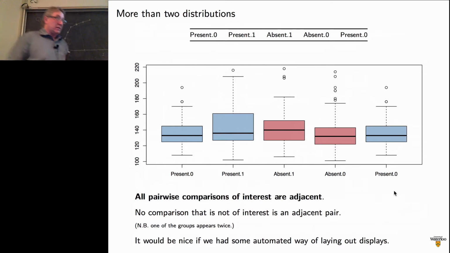You end up with one more box plot because we had to repeat this guy on the end. So we've got the immediate comparisons. But that's just a nice way to think about laying stuff out. And we can automate that.